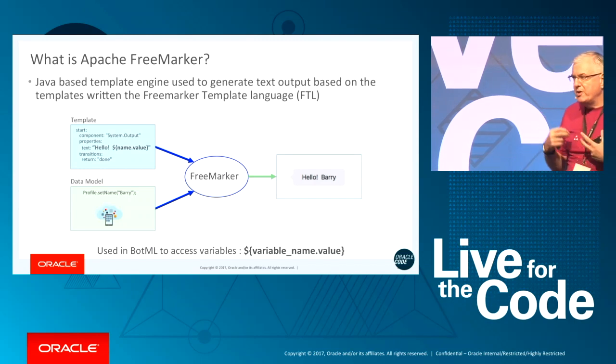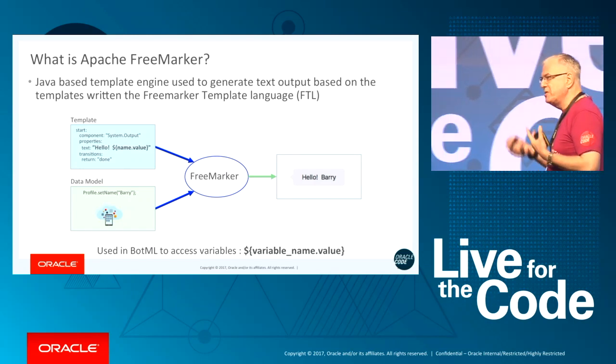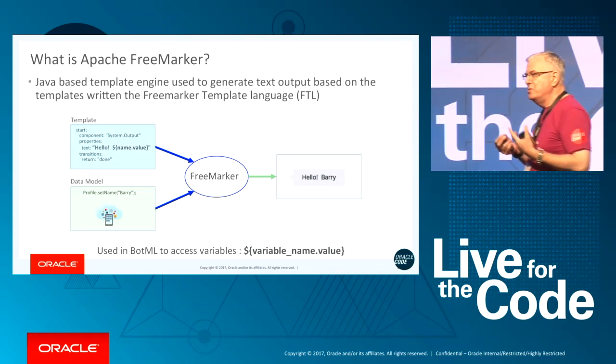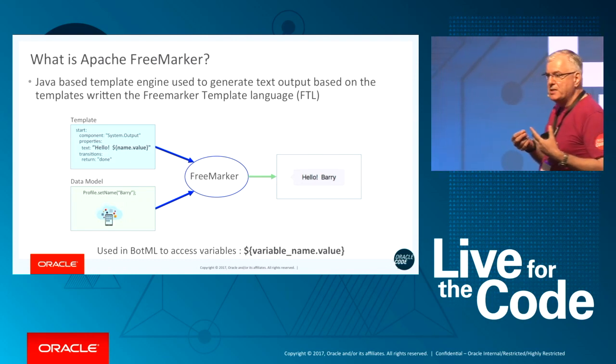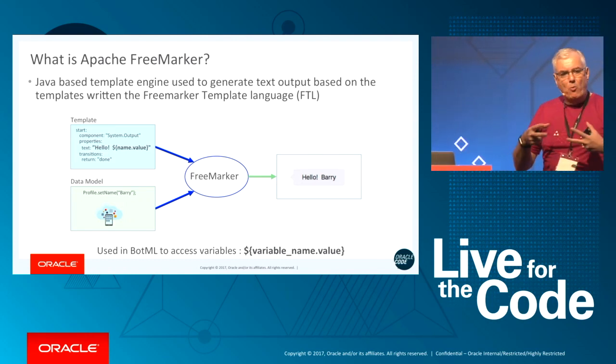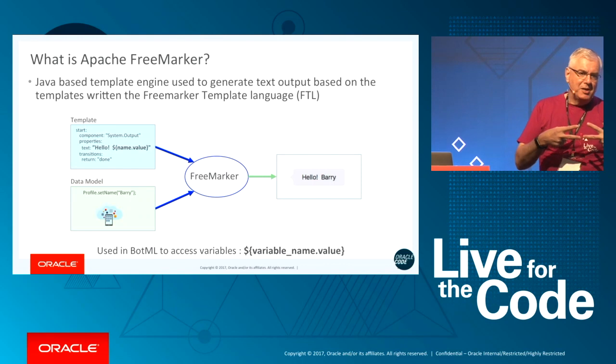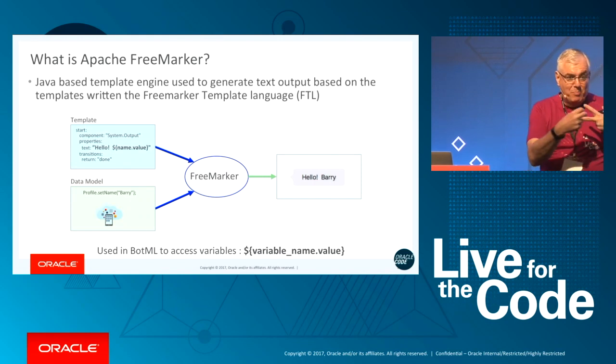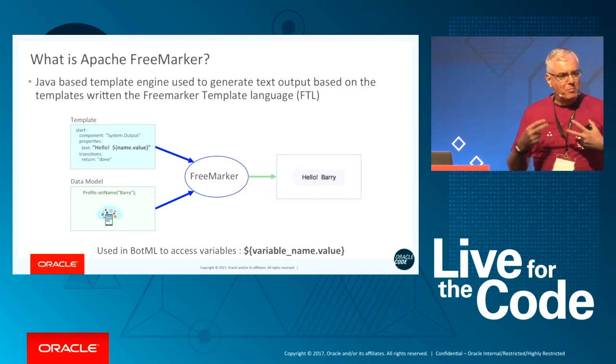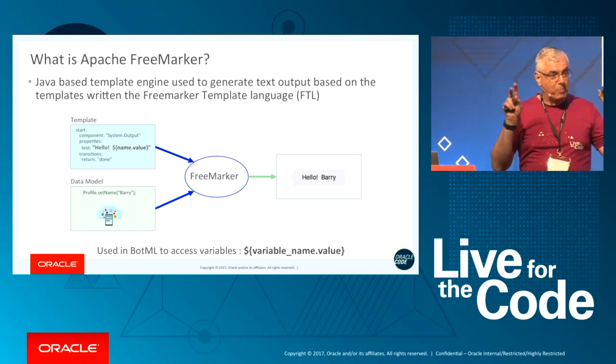So rather than having to code extra functions, I can use Freemarker to basically format, do calculations, etc., embedded inside my application, embedded inside my ball.